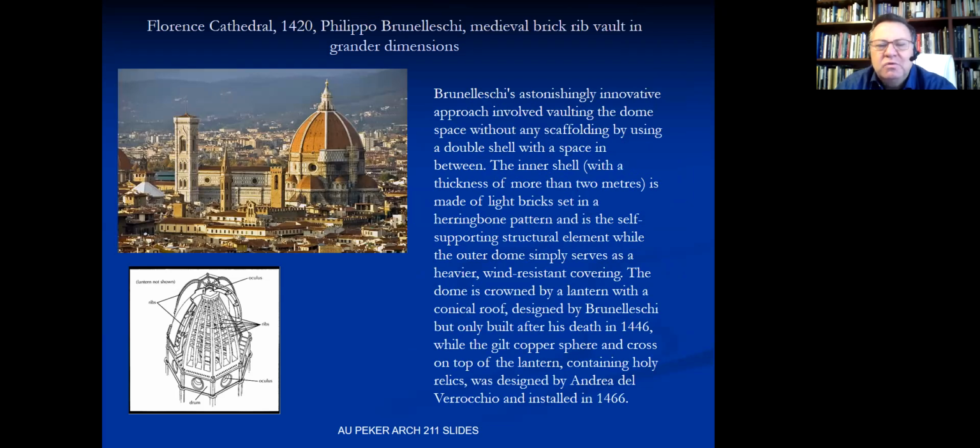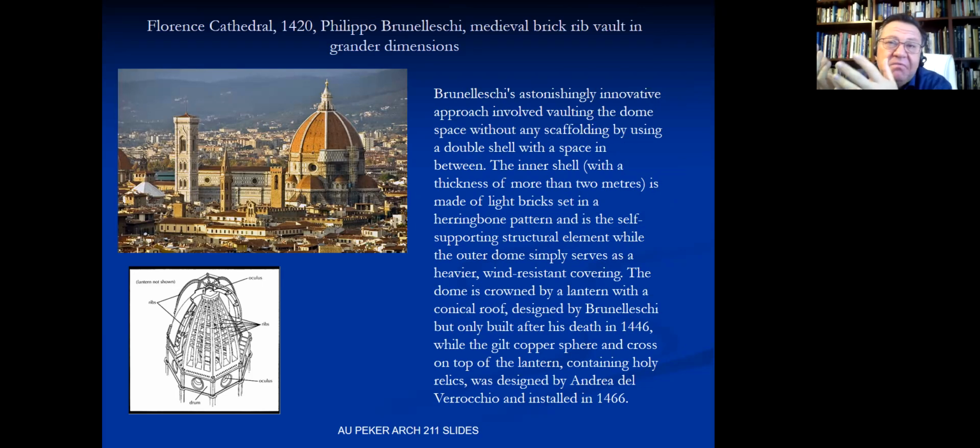Another innovation introduced by Brunelleschi was to introduce a double-shelled dome instead of a single-shelled one. And this technique was known in the East, in Iran, in Central Asia. Double-shelled domes are widely known, like Soltaniyeh in Iran or others.